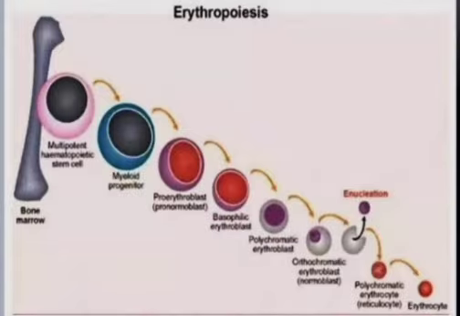So an increase in reticulocyte count above 1 to 2% simply means that your bone marrow is producing red blood cells at a higher rate.